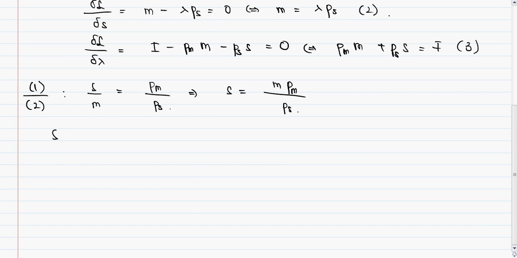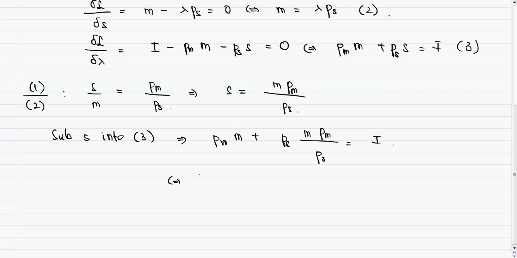Okay, so I'll substitute the value of s into my budget constraint equation, which is equation 3. I will get pm times m plus ps times s, and I already found that s equals m times pm divided by ps, and that will have to be equal to total income.